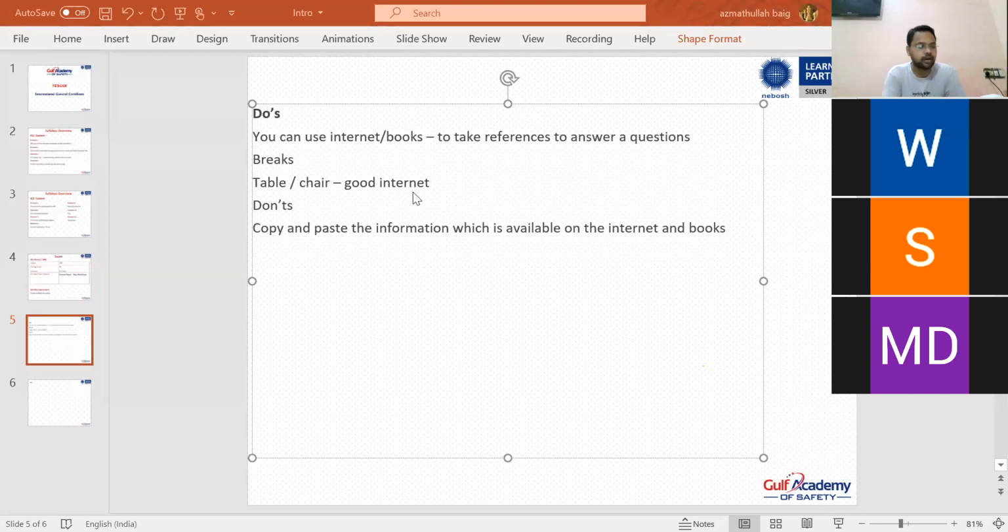The only thing is that you are writing a clear explanation or clear answers. That is enough. You write in points or you write in paragraph, there is no discrimination. NIBOSH has never said write in paragraph or only write in points. So anything is fine.